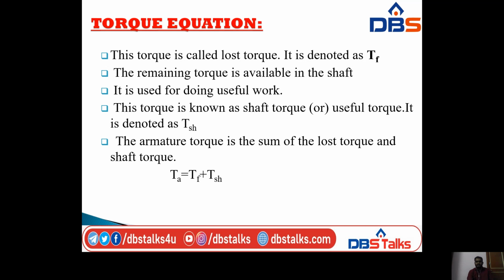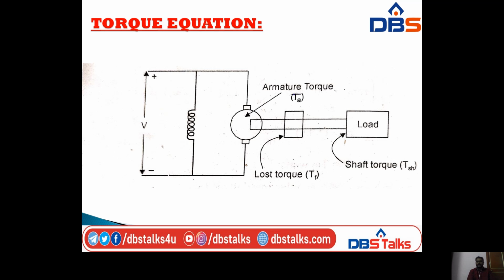Okay, and next, I am taking this diagram. If you observe this diagram, we have a motor with a pair of brushes, and next we have a parallel connection of inductor and supply voltage V, and we have armature torque, that is τa, and it consists of shaft torque and lost torque also.